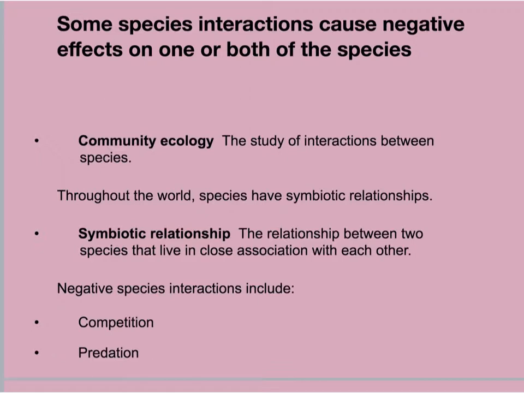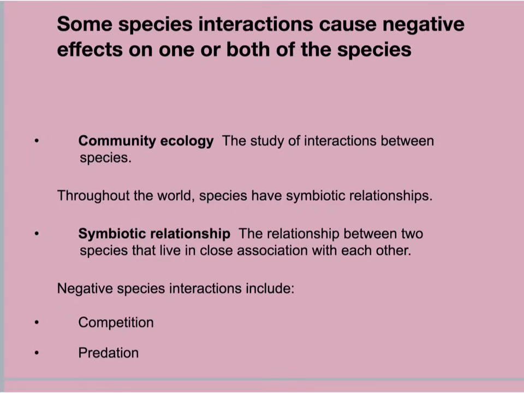Other interactions involve neutral or positive effects for both species. And as we will see throughout the world of species interaction, some of the relationships are symbiotic, which means that the two species are living in very, very close association and location with each other.